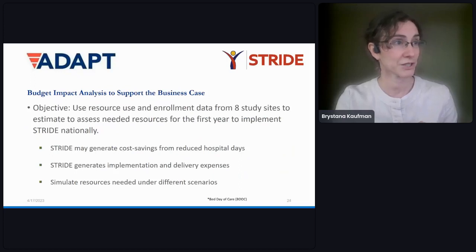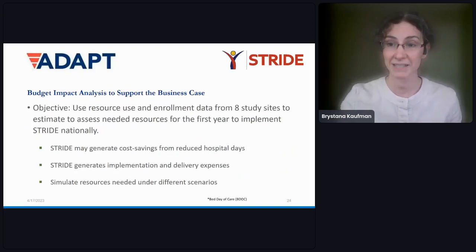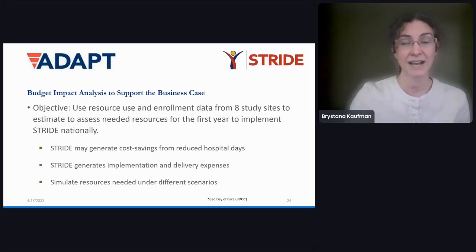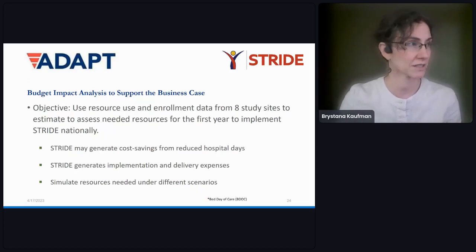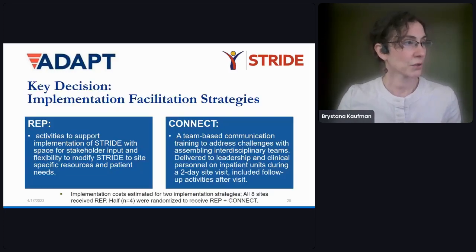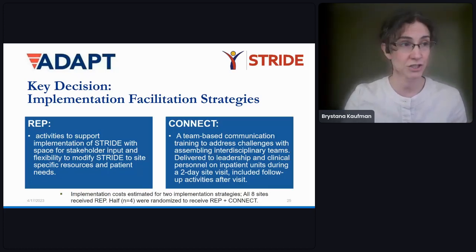So our objective was to use the data from 8 study sites to estimate the resources needed to support implementation as well as delivery costs. So we had 2 separate buckets of costs that we were focusing on. And the 2 implementation strategies that were implemented in that study was replicating effective programs, which was the lower intensity implementation support.